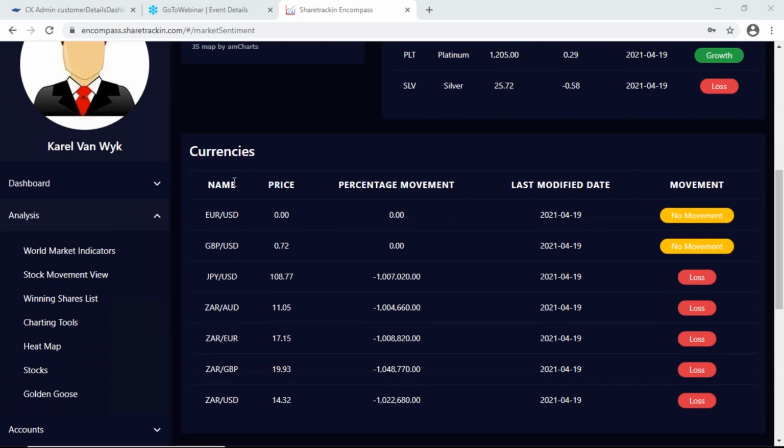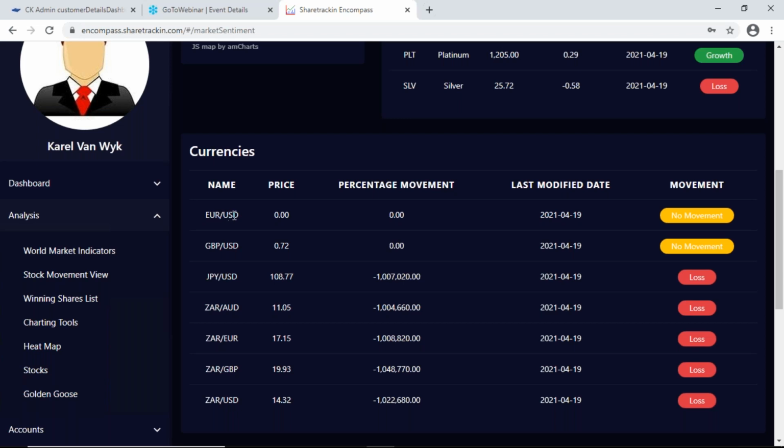Next up, I have currencies. So most of you may ask the question about these. They are busy correcting the percentage movement. So underneath currencies, this is more for forex trading. So people that trade with the currencies, you get the name.